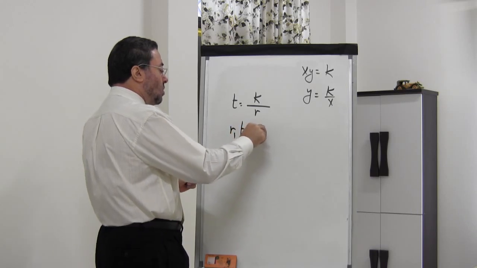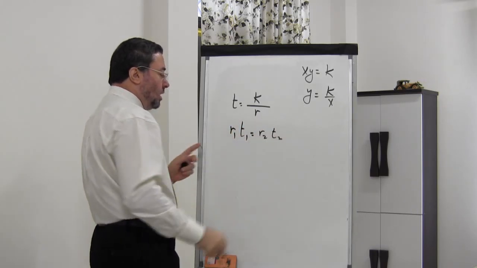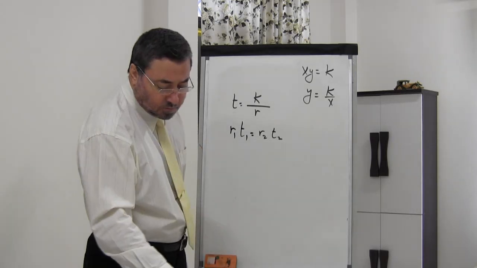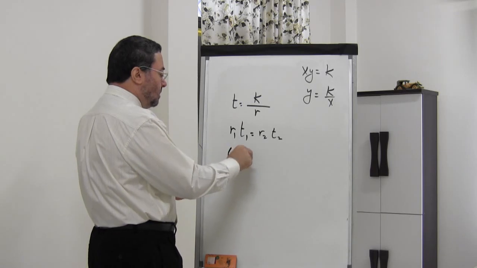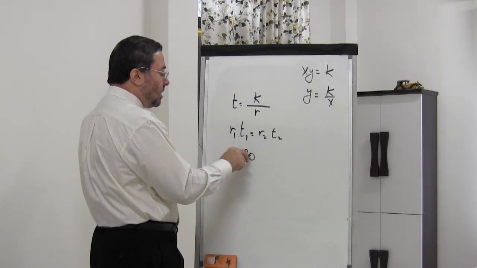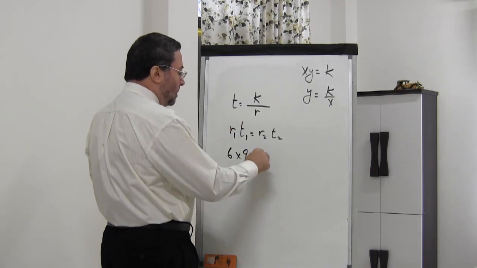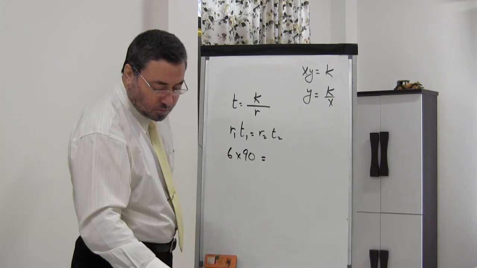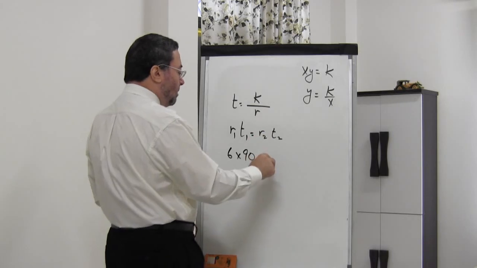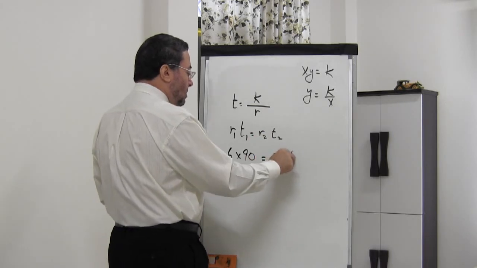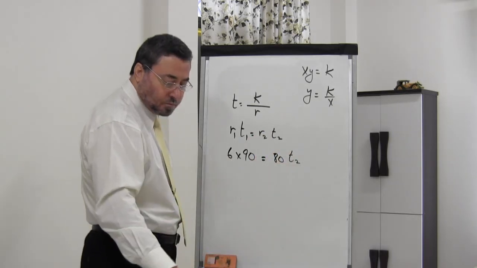R1 T1 equals R2 T2. And since we have two values here, 6 and 90, we can replace 6 times 90. 6 is for the time and 90 is for the rate, equals. And here we have the rate and we want the time. 80 times T2.